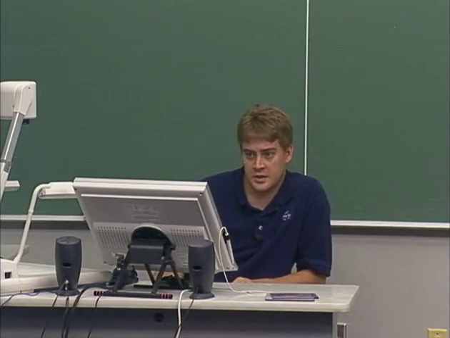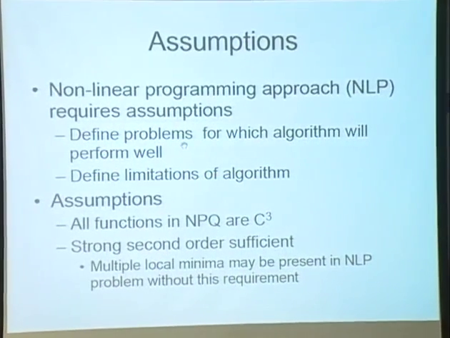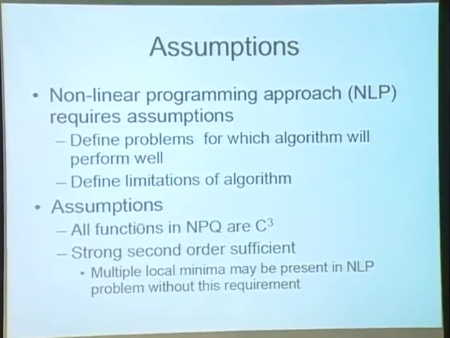So in the review paper, at the start of the paper, they give you a few assumptions that are needed to define the type of problems which the algorithm is suited to, and it also gives you the limitations of the algorithm. Some of these assumptions are, well, the most important one is that in the nonlinear programming problem, the functions that you approximate need to be 3 times continuously differentiable.